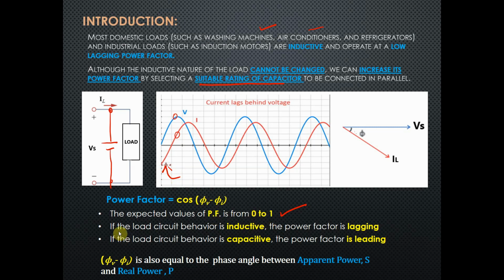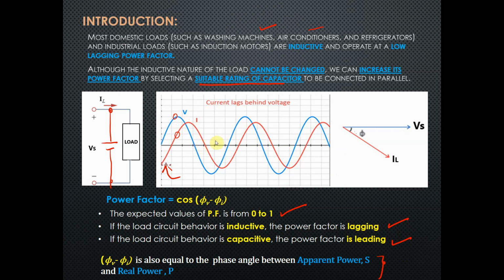Okay? So now, if the load circuit behavior is inductive, the power factor is lagging. If the load circuit behavior is capacitive, the power factor is leading. So theta V minus theta I is equal to the phase angle between apparent power and the real power. This is when we talk about the power triangle, which I'm going to discuss later.